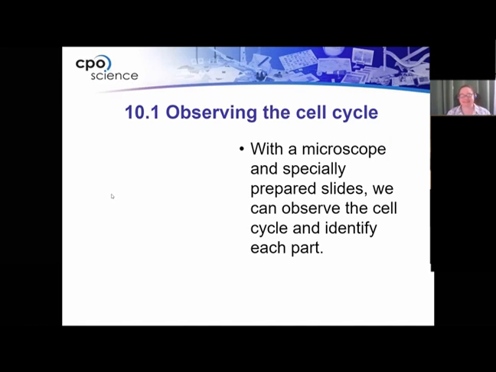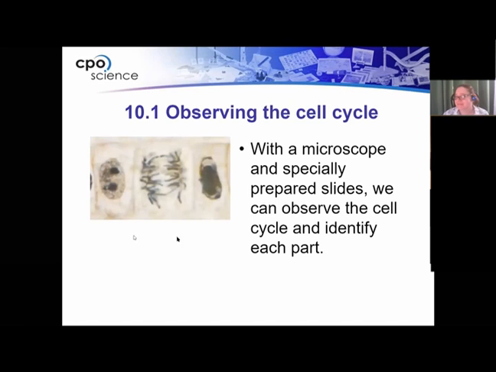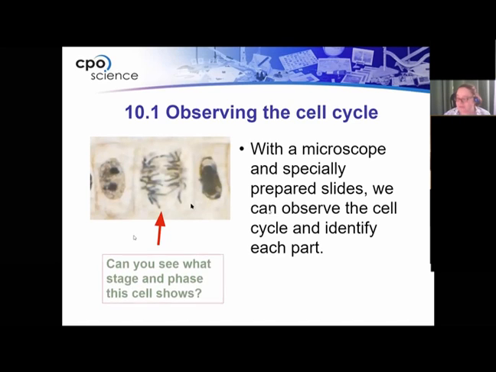So observing the cell cycle. With a microscope and specially prepared slides, we can observe the cell cycle and identify each part. All right, so this is a microscope picture of what would actually look like when mitosis is happening.